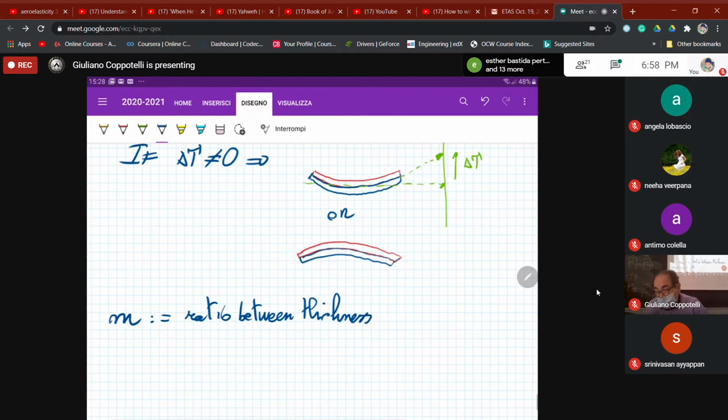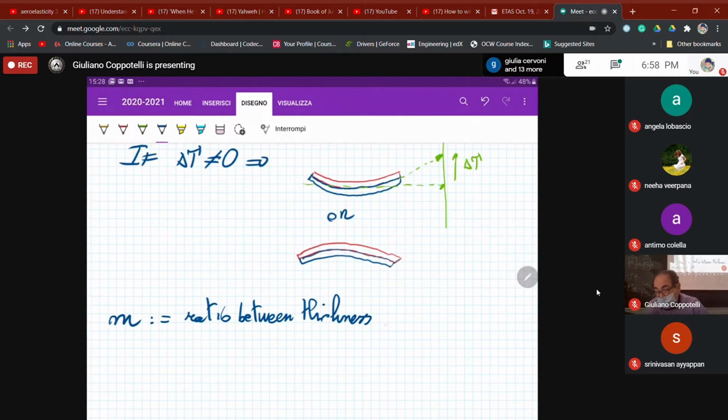That is equal to Ti over Ti plus 1, for which, be careful, the alpha, the linear thermal expansion coefficient of foil i, is less than the linear thermal expansion of foil 2.